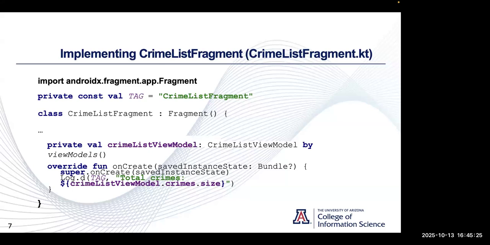So implementing crime list fragment. I showed you last week how to go ahead and create the list fragment, and that is just when you create a new file, right? You add a new file, you make sure you go into the fragment section, and then make sure you're selecting the list type of fragment.